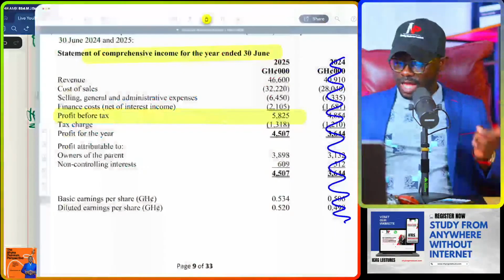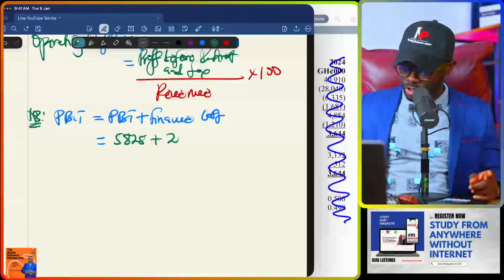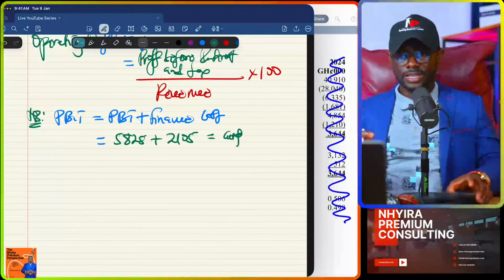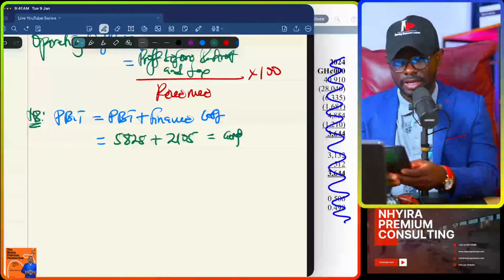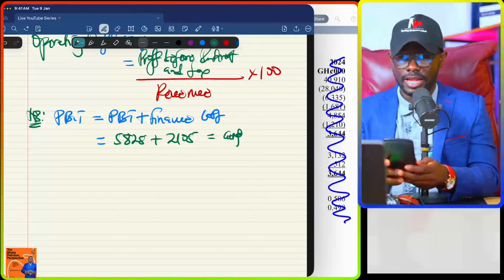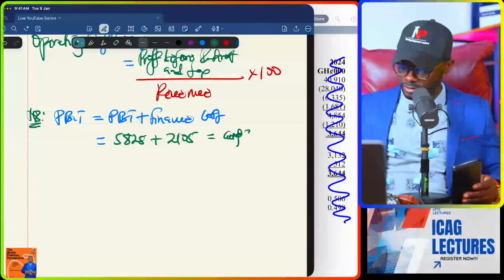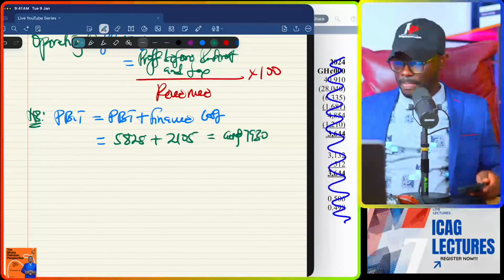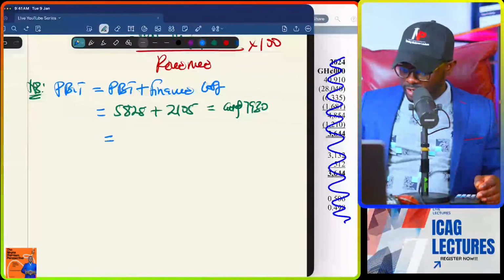Then we add back the finance cost, which is 2105. And so profit before interest and tax will now be 5825 plus 2105, and that is 7930. Easy peasy. So now we can calculate our ratio.